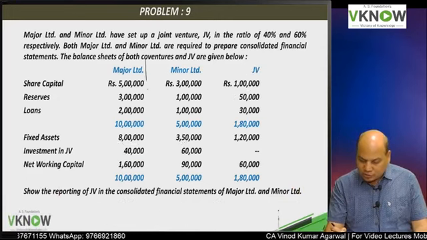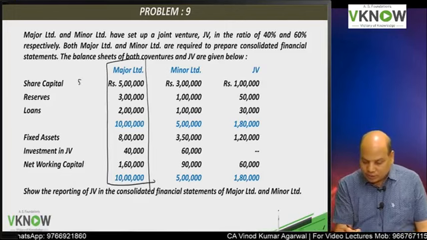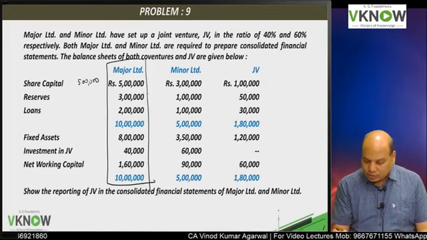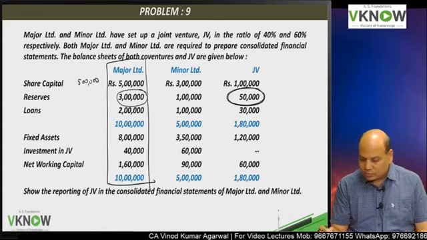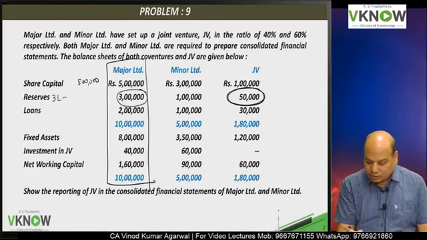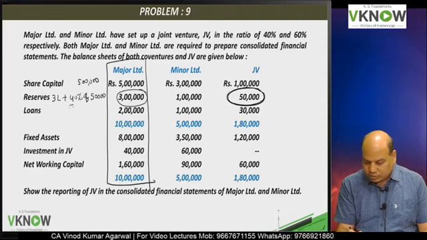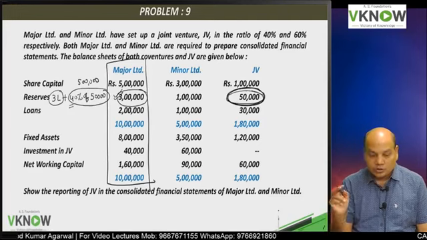So how the balance sheet of Major Limited would look, I will explain, then you can see the answer. Share capital will remain the same, 5 lakh, but reserve 3 lakh, and you are going to add the share of Major Limited in the reserve. So that is 3 lakh plus 40% of 50,000, which is 20,000.